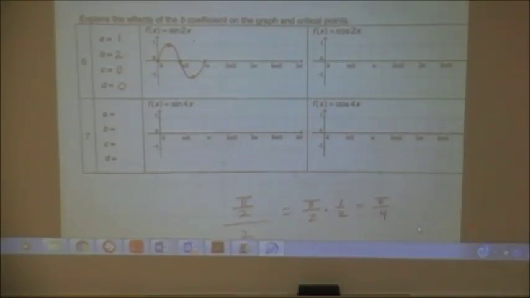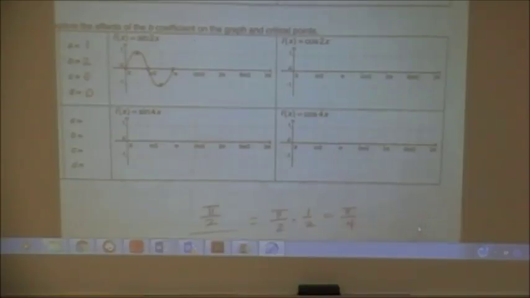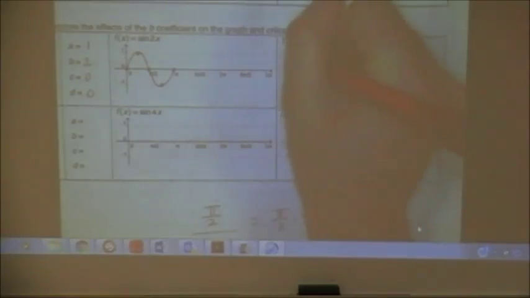Okay, so same thing for cosine. Now your original point on cosine is the point (0, 1). This is just an x change, so the first one's not going to change at all, because if I divide 0 by 2, it's still 0. So I still have it right here.